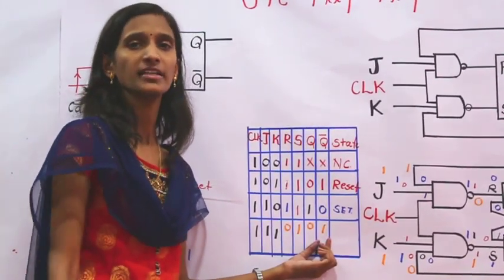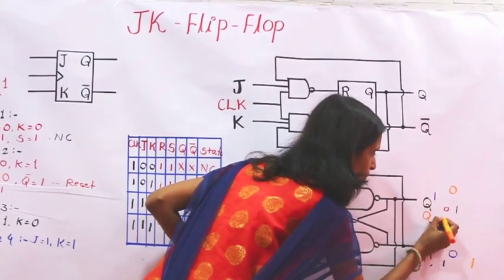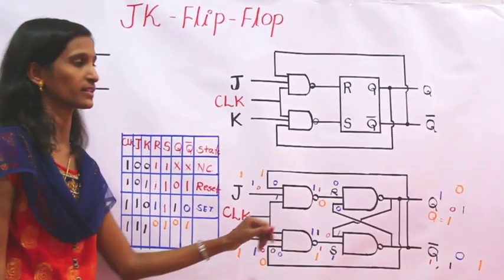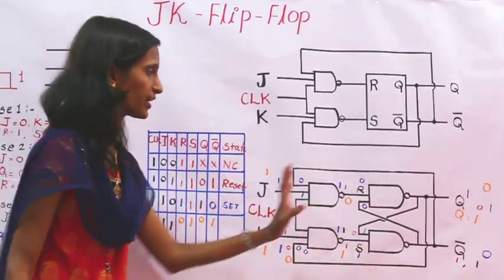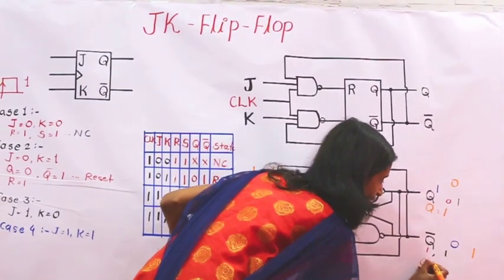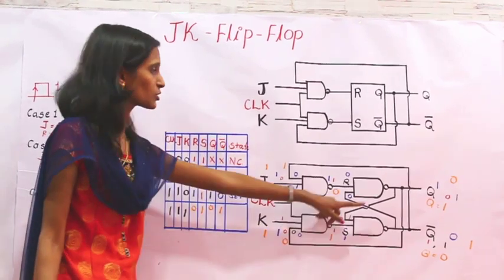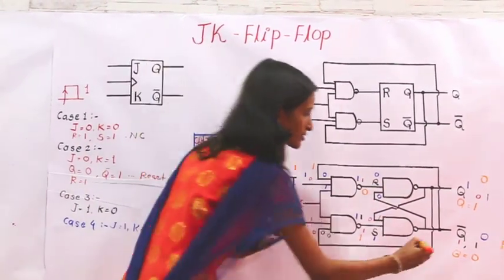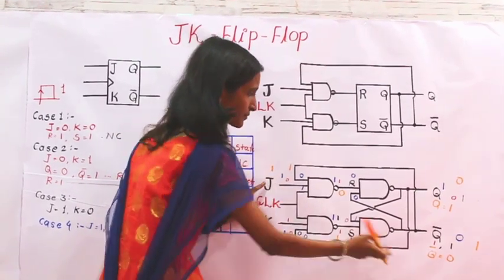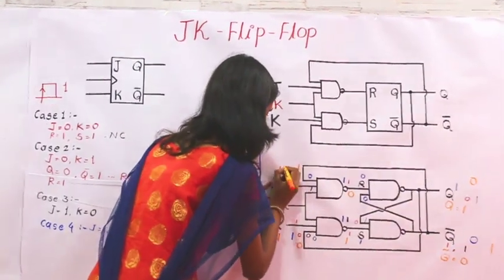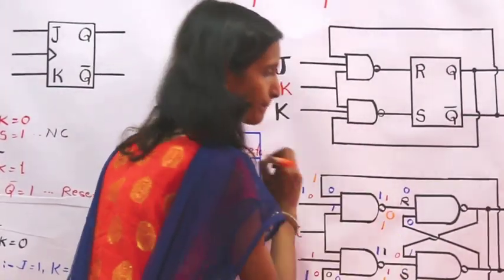Now assume in the reverse direction. Suppose Q is equal to 1, with the inputs J as a 1, K as a 1 and Q bar as a 0. So Q is 1, Q bar is 0 here. Now J is 1, Q bar is here 0. 1 and 0, what will be the output? 1.